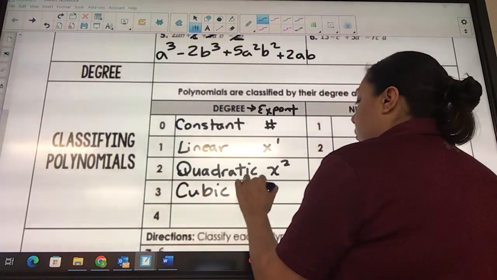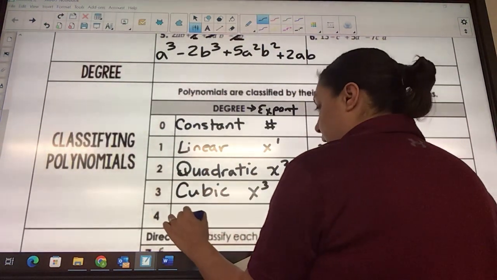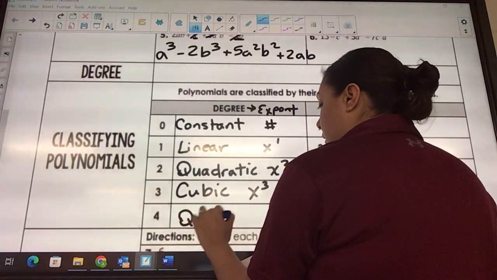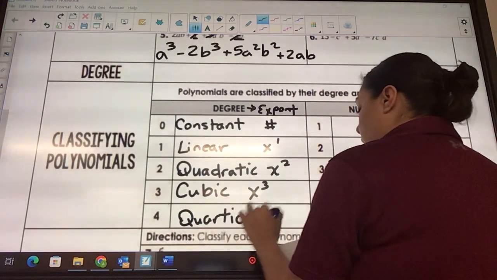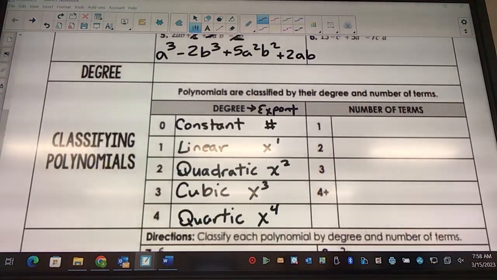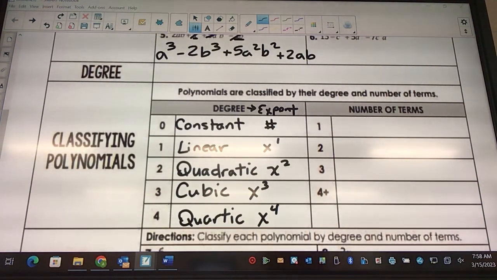Then a cubic. And a quartic, which is x to the 4. I'm sure you've heard these terms before. I know for a fact you guys have heard cubic. Some of you even know what x squared is. That's quadratic.